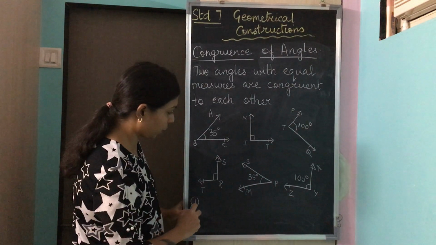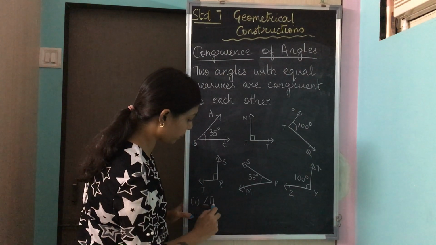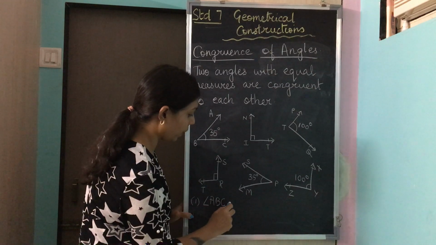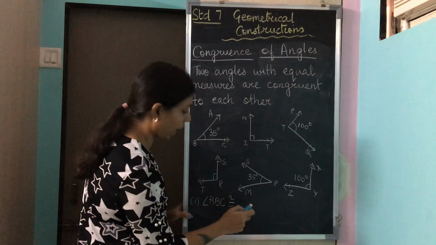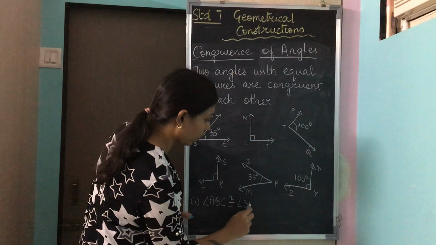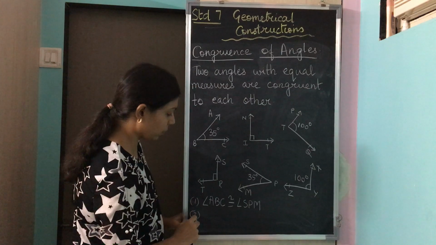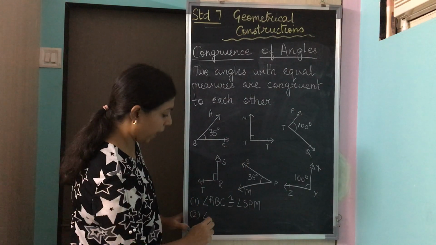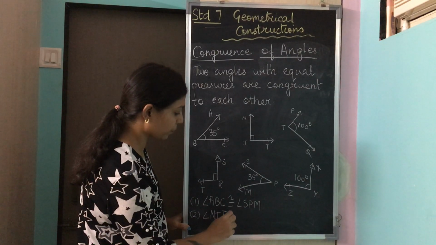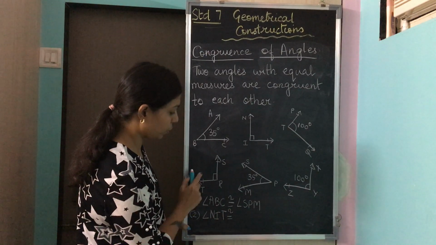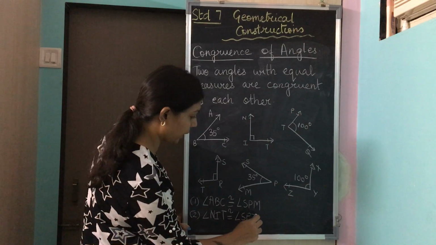The first one which I get, angle ABC is congruent to angle SPM. The second one, angle NIT is congruent to angle SRT.